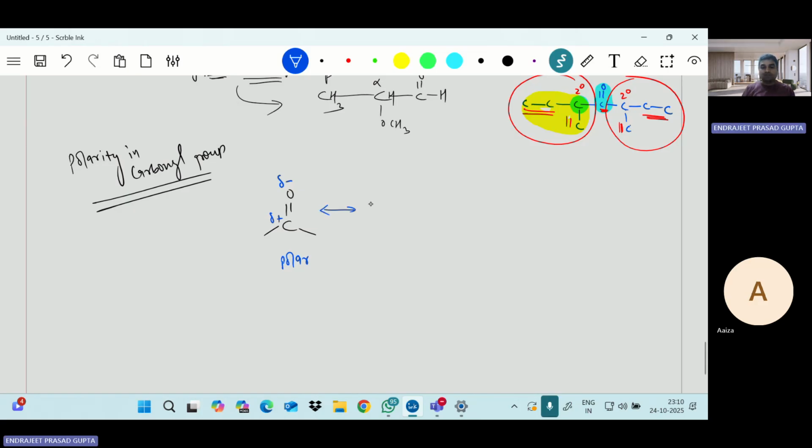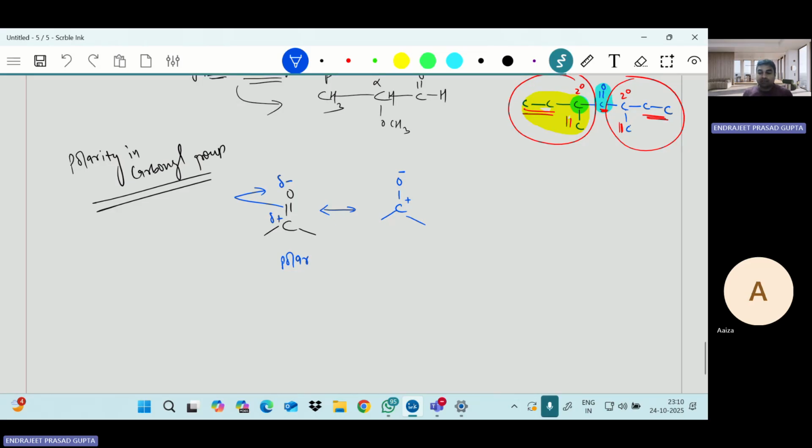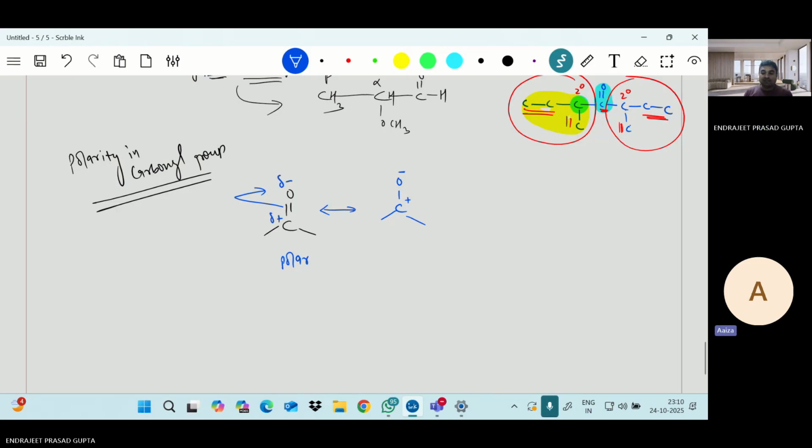If you break this bond, oxygen carries the negative charge and carbon carries the positive charge, because oxygen is more electronegative, so the electrons shift towards oxygen. Due to the polarity, a dipole arises between carbon and oxygen, so the molecule becomes polar. Is it fine?